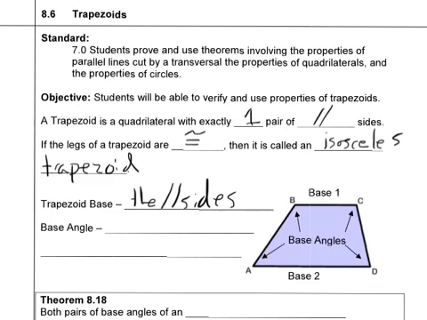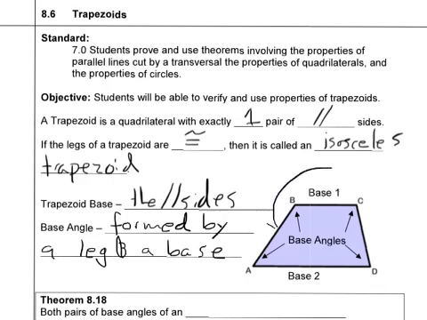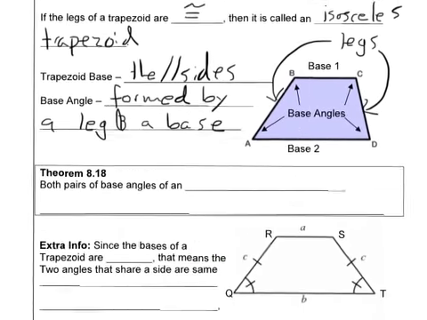But basically they are formed by a leg and a base. And these, by the way, are the legs. These are the legs, the things that are not parallel. Okay, got some basic terms down.